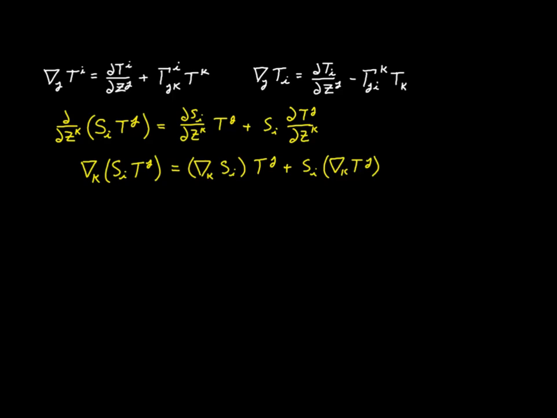So now let's expand this out and see what it looks like in more detail. So the covariant derivative with respect to k of S^i T^j is going to be this. First of all, instead of this symbol, we'll expand this out using our expression for the covariant derivative of a covariant vector component.